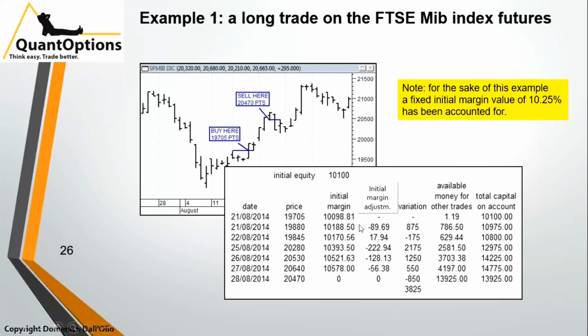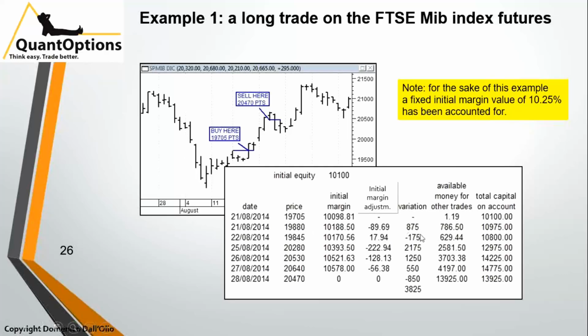But at the same time, I have a profit of 175 points. I purchased for 19,705. Now it is valued 19,880. So I have a profit of 175 points times 5 euros each.